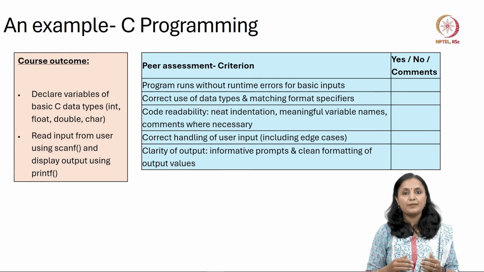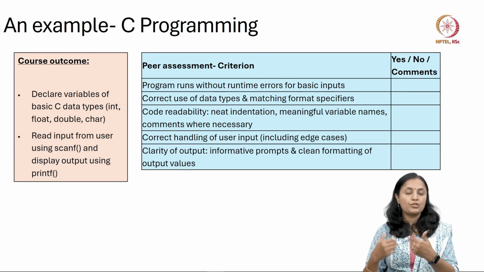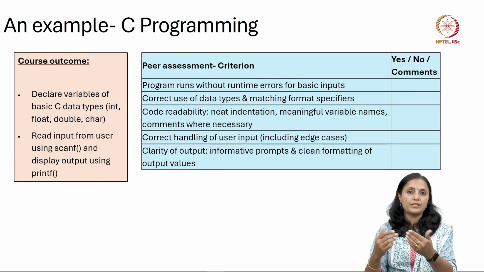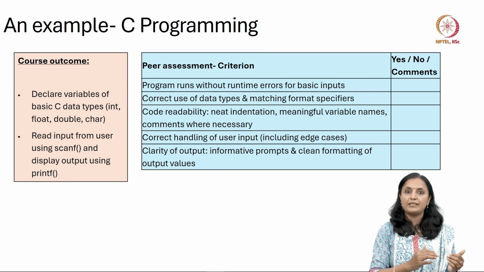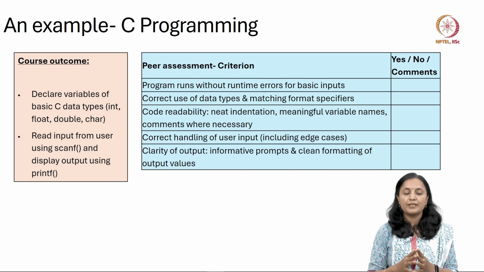Here the student is not showing the output to the teacher first. The first level of evaluation is done by the peer, and then the second level is done by the teacher. So, firstly, the peer is assessing if the program runs without any error.